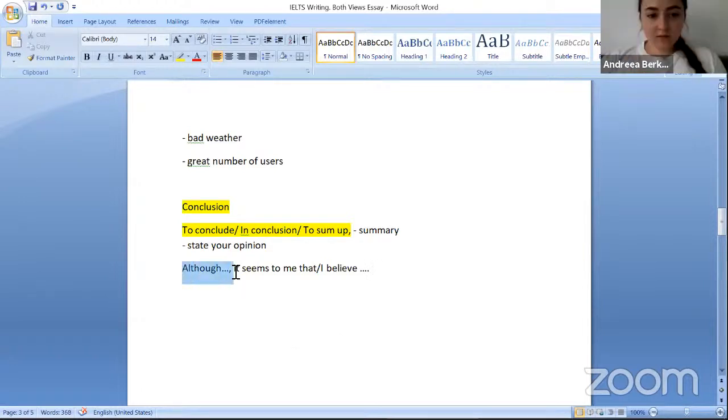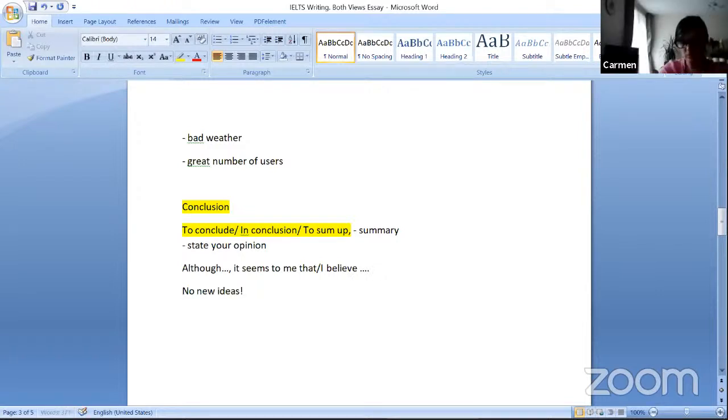So basically, we can start with this although to present the opposite idea that we don't agree with. And then, it seems to me that, or I believe, I consider, and here we introduce the opinion that we agree with. So you have to choose one of them, A or B in this case, and don't bring any new idea.